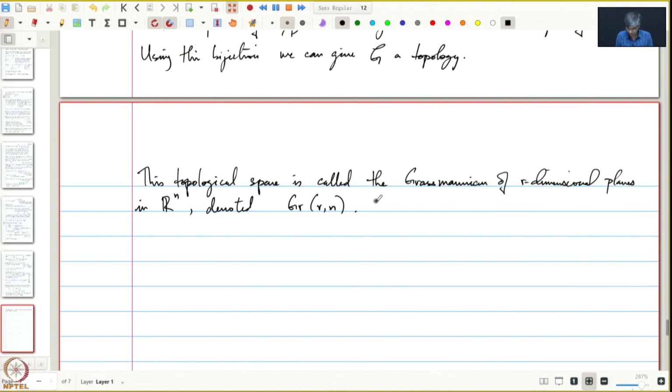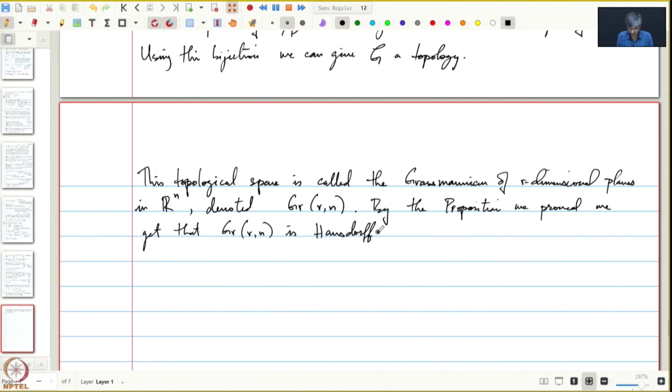So by the proposition we proved, we get that the Grassmannian r comma n is Hausdorff.